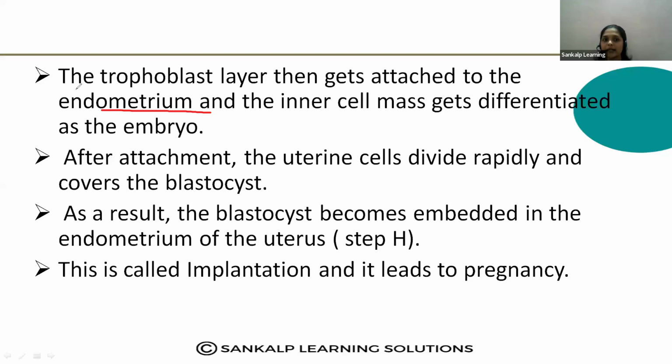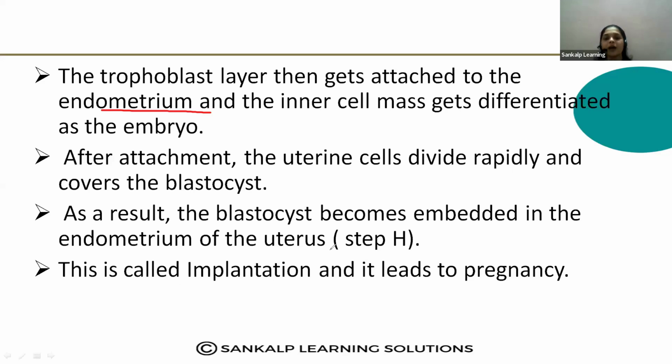uterus, right? So the trophoblast layer gets attached to the endometrium layer, and this attachment is called implantation. As a result, the blastocyst becomes embedded in the endometrium of the uterus.